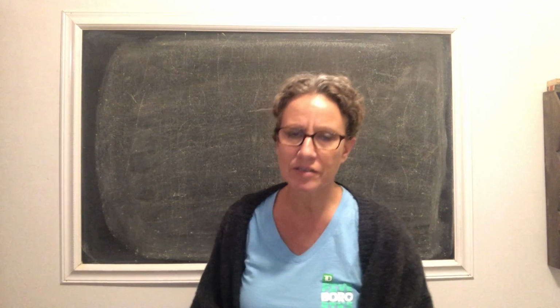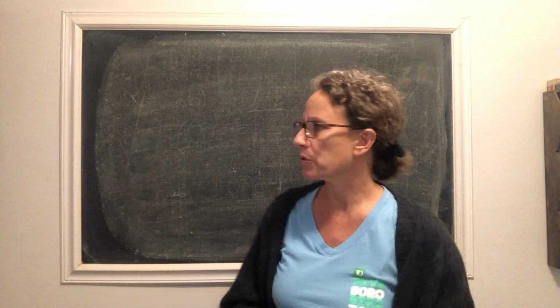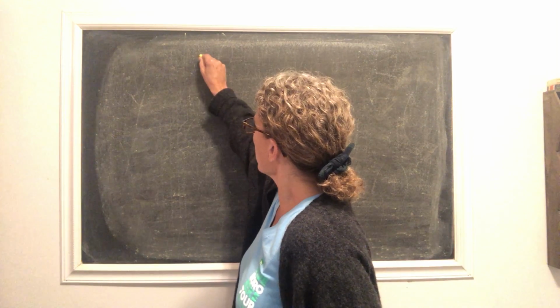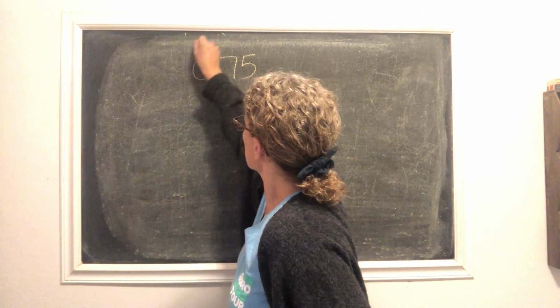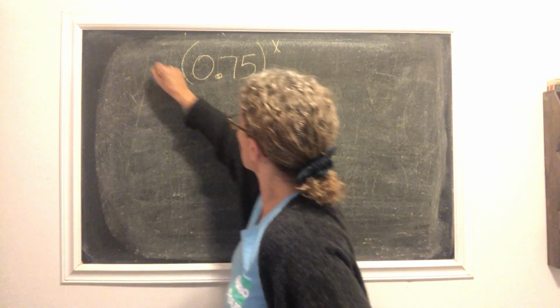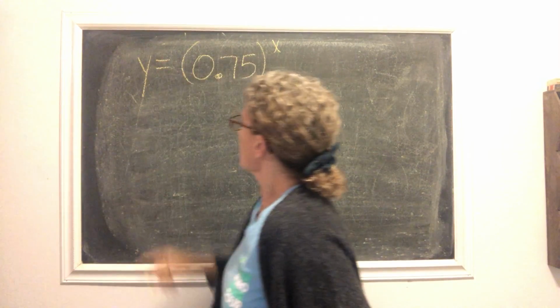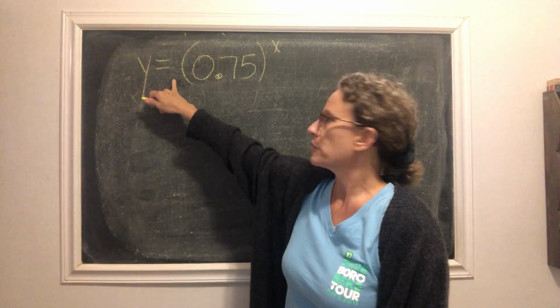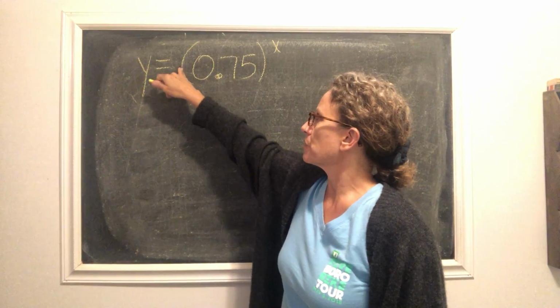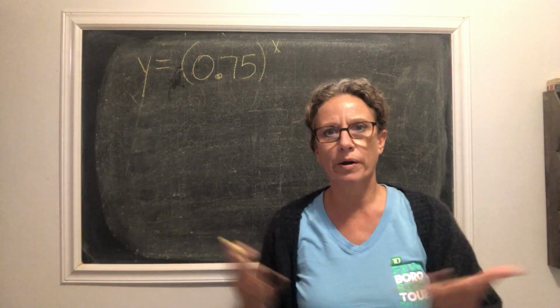Okay, so let's write a few things down. I can have a b of 0.75 to the x, and that's my function. Usually there's a coefficient in front, but right now we're going to leave out the coefficient and just say it starts with 1.